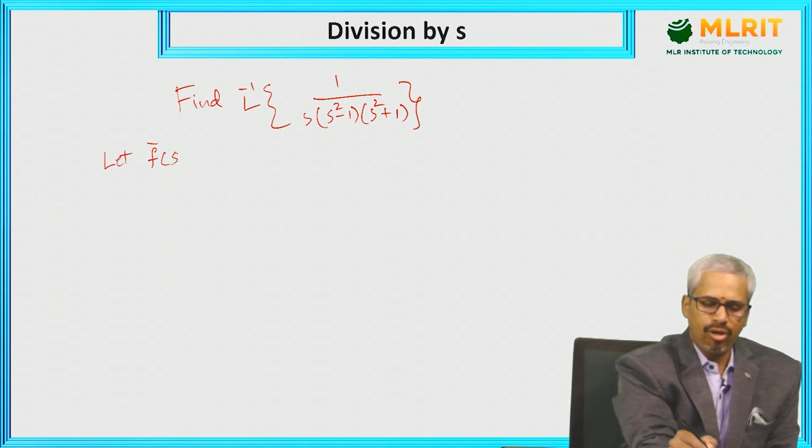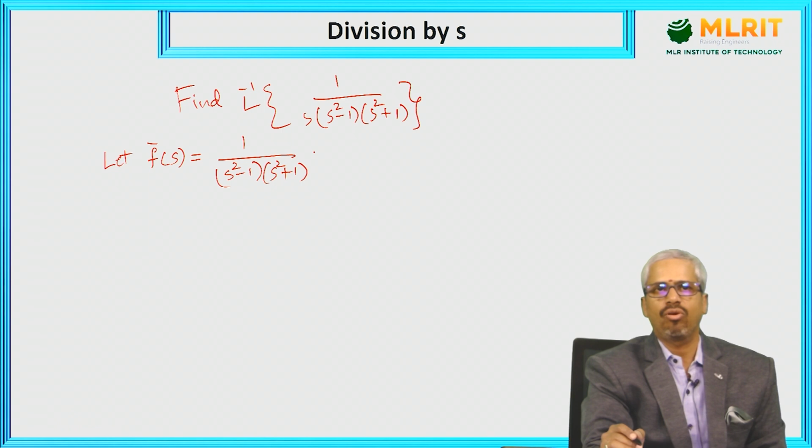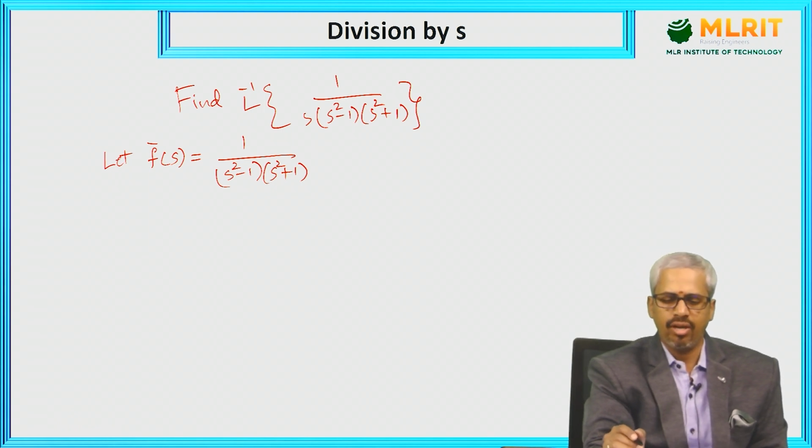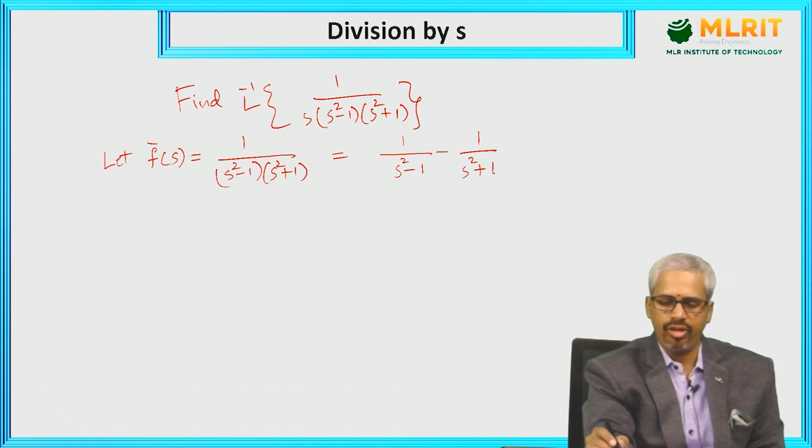So, let us take f bar of s as 1 upon (s square minus 1) into (s square plus 1). For this we have to apply inverse Laplace. Directly we cannot apply. First let us use partial fractions. So using partial fractions, this can be written as 1 by (s square minus 1) minus 1 by (s square plus 1). Let us check whether both are equal or not.